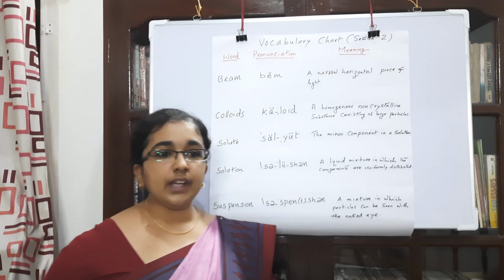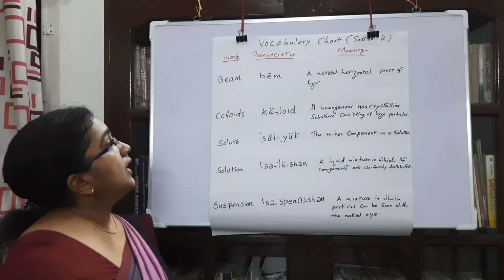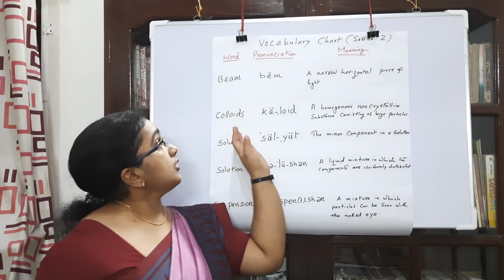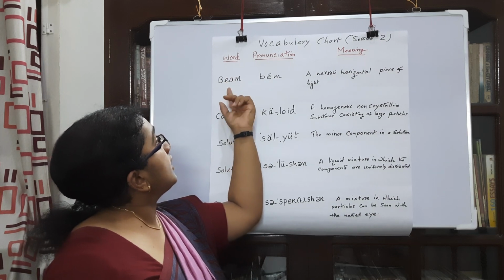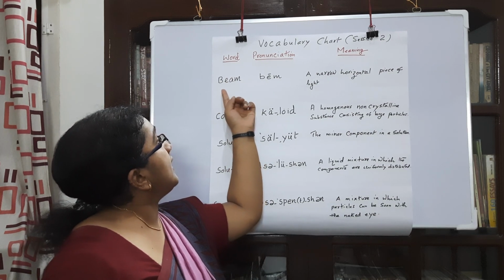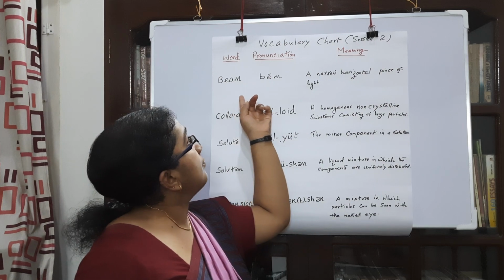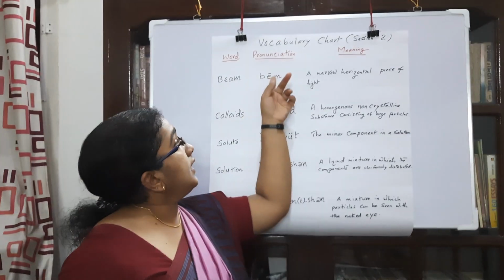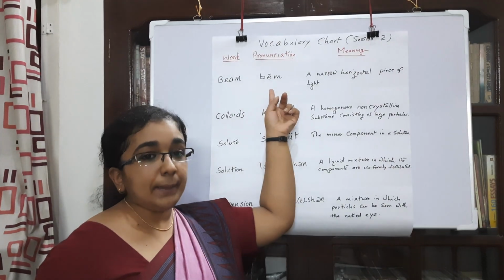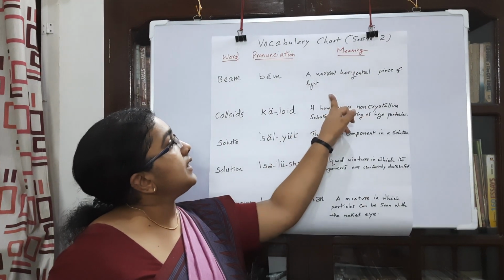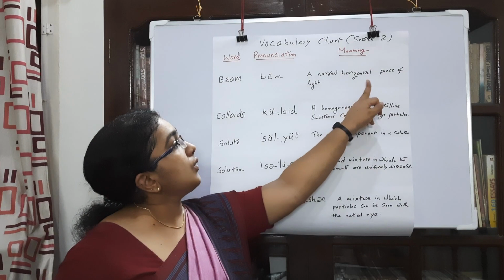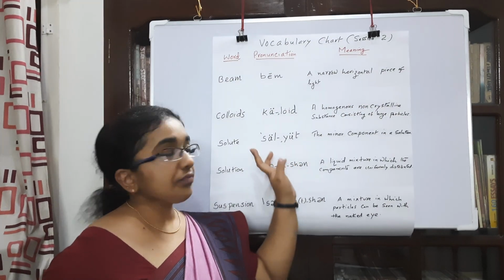So we are coming on to this. Coming to the first word, it is BEAM. The meaning of the word is a narrow horizontal piece of light.